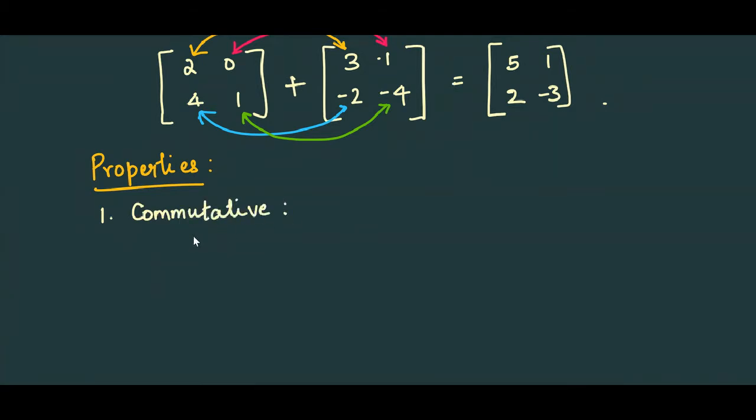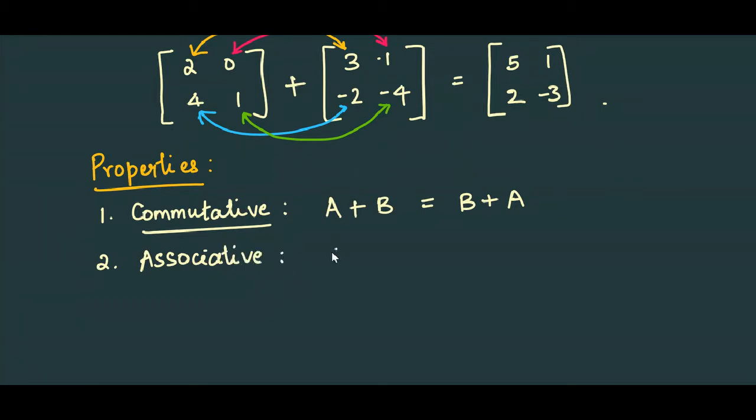Means A plus B is equal to B plus A. It is associative. Means if you have three matrices A, B, C, you can first add A and B and then add C, or you can first add B and C and then add A. They will be the same, they'll be equal.